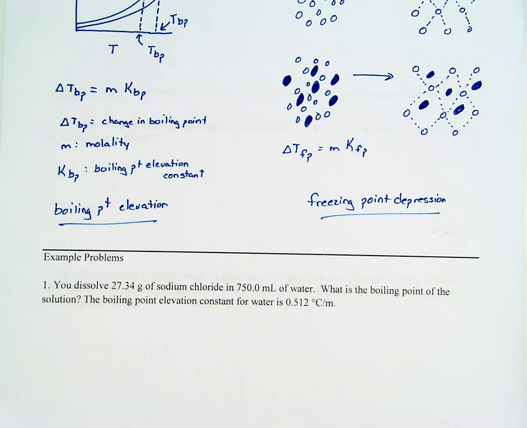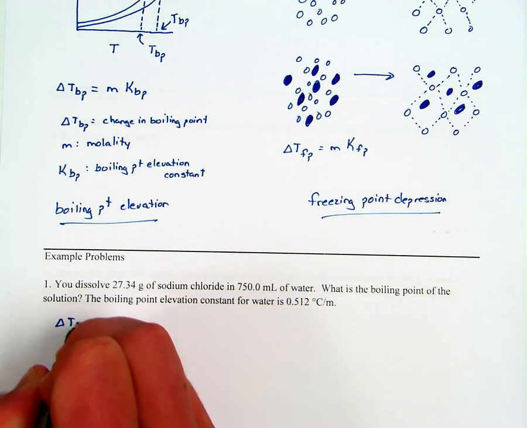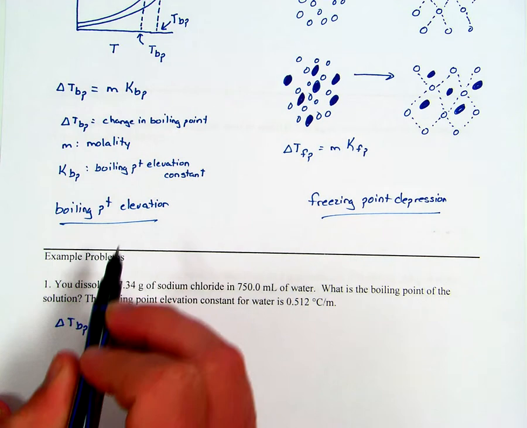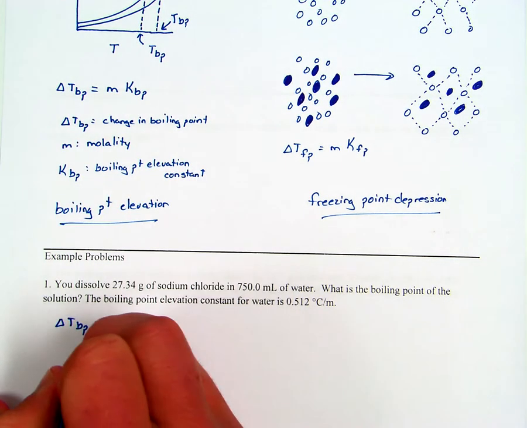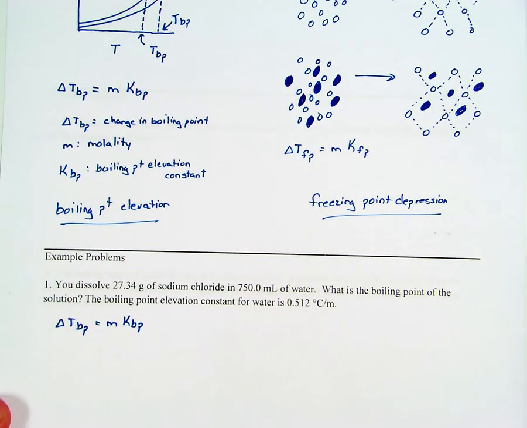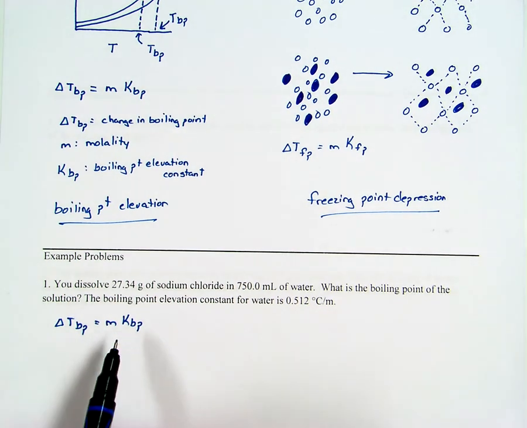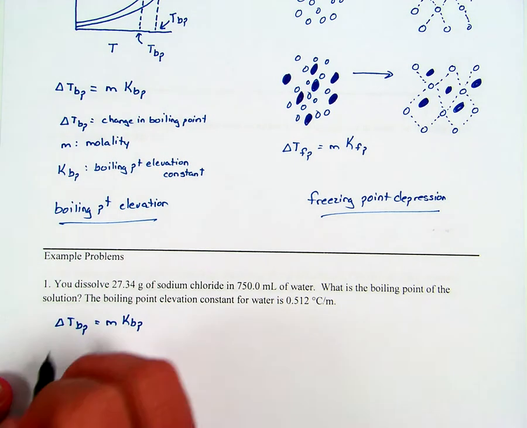Well, I know that the change in boiling point of our solution, this is just the equation from above, is equal to the molality of the solution times the boiling point elevation constant of the solvent. So I need to calculate the molality of this solution. All right. So remember, it has been a few days since we've done this.